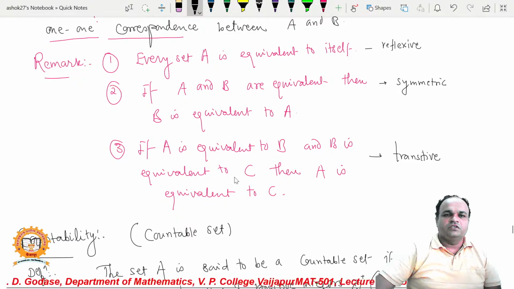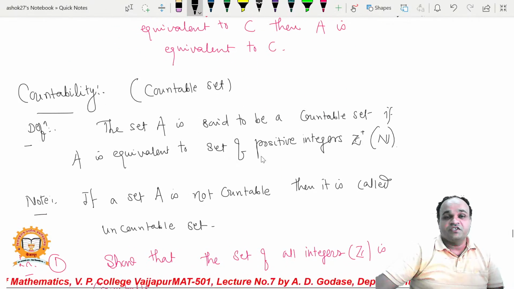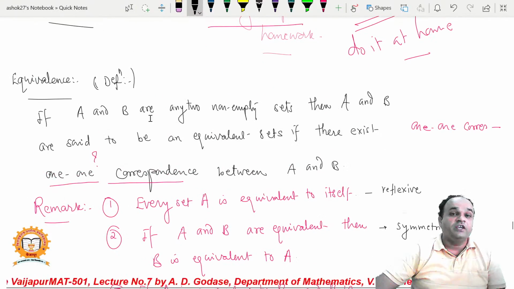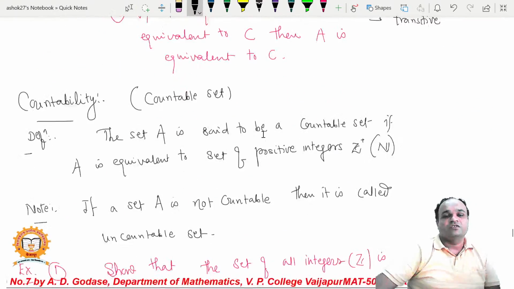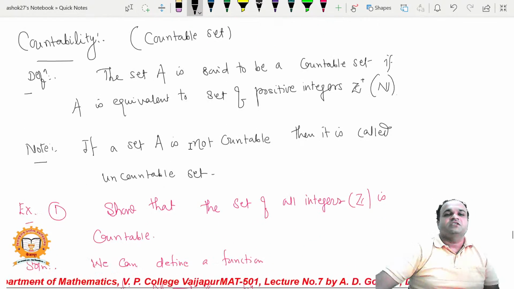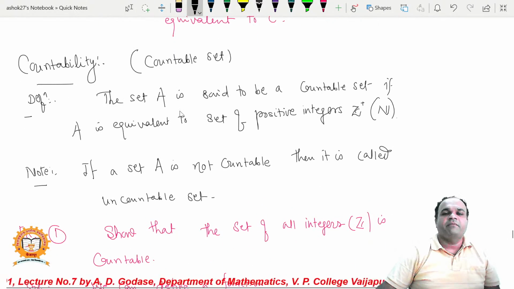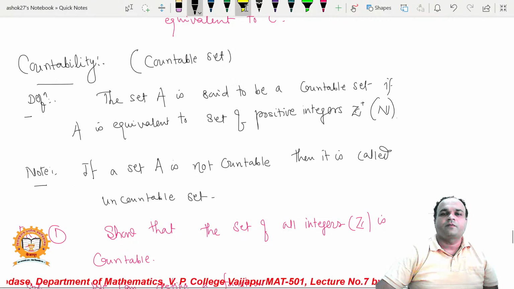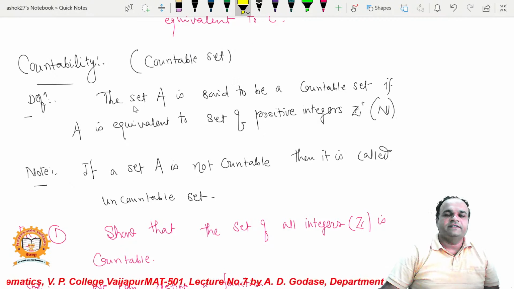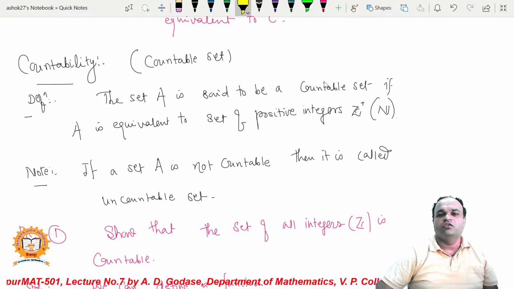So this is about equivalence relation. So next definition, sorry, it is equivalent sets. So the next definition is countability or countable set. What is called a countable set? The set capital A is said to be a countable set.